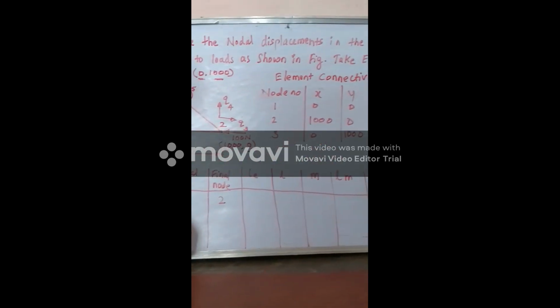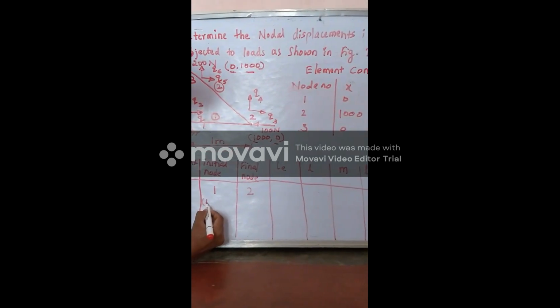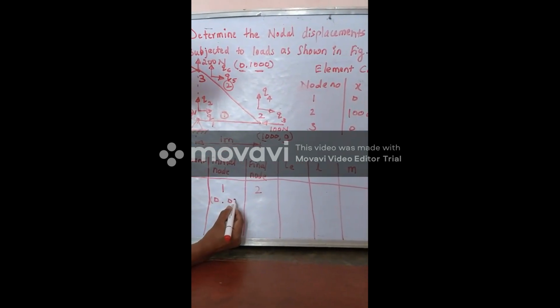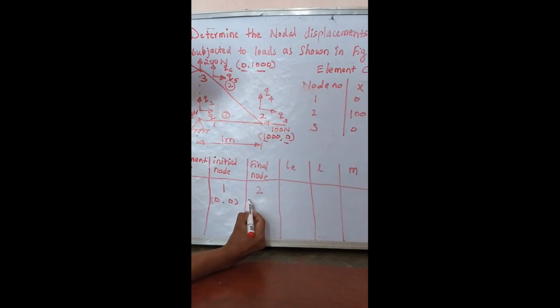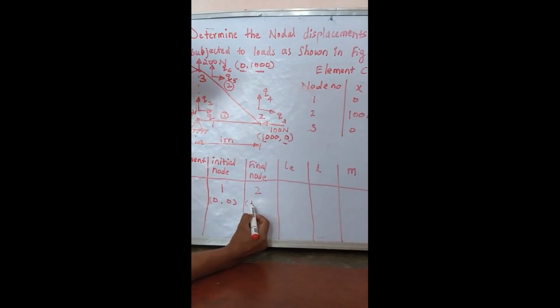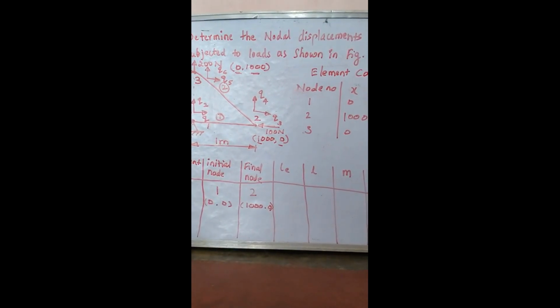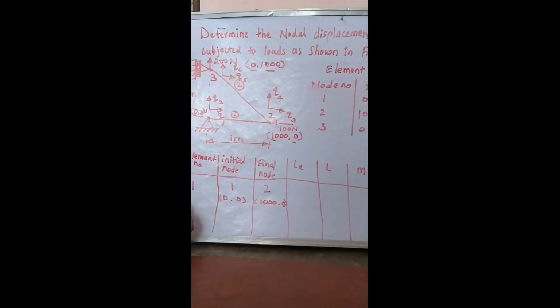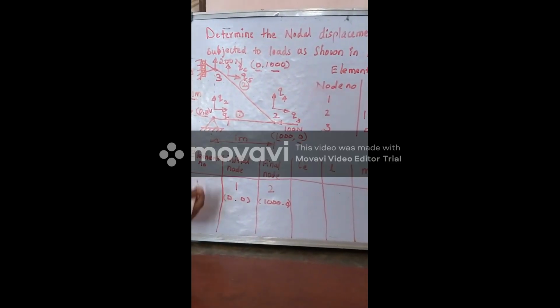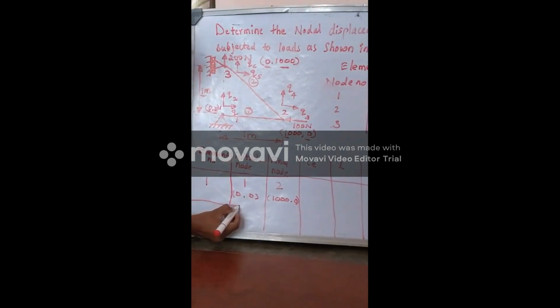So if you want, for your reference, you can write like this: node 1 coordinates are 0, 0, and node 2 coordinates are 1000, 0. And now element number 2. So totally we have 2 elements.